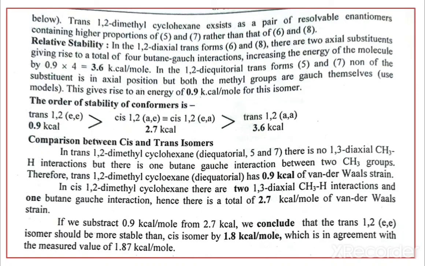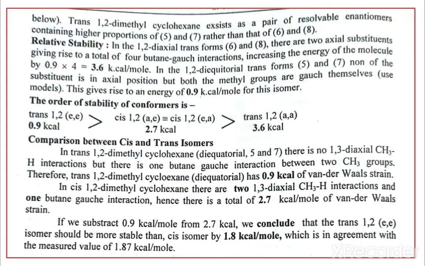Therefore, trans 1,2-dimethyl cyclohexane, diequatorial, has 0.9 kilocalorie of van der Waals strain. In the case of cis 1,2-dimethyl cyclohexane, there are two 1,3-diaxial CH3-hydrogen interactions and one butane-gauche interaction. Hence, there is a total of 2.7 kilocalorie per mole of van der Waals strain.